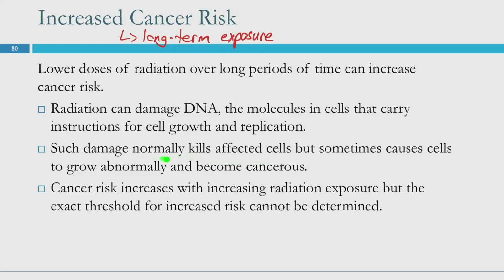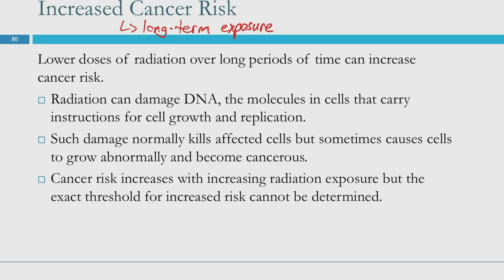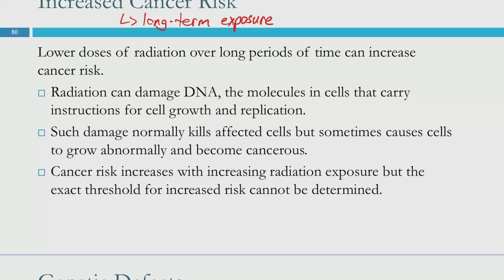So normally it's going to kill the affected cell, or your body has mechanisms to say, hey, this isn't functioning as it should be. We're just going to not use that cell. Go ahead and undergo apoptosis. So that can cause your cells to grow abnormally and become cancerous if it's not caught. But a lot of the time your body is going to catch it.